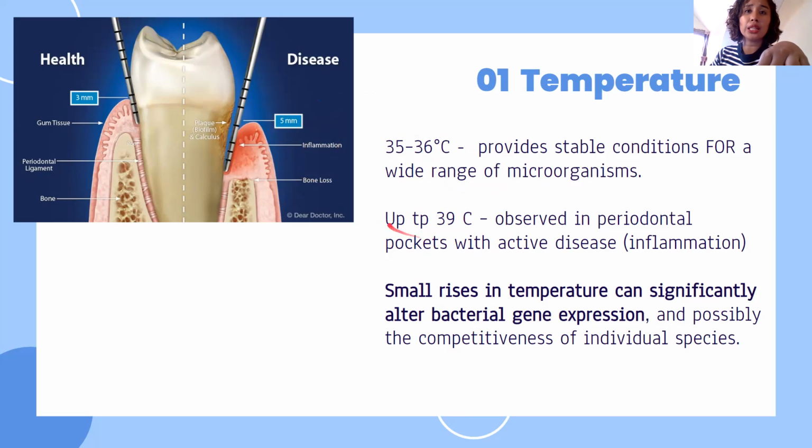However, guys, 39 degrees Celsius, yun, there is fever already. So, perhaps this fever was caused by an infection. So, example is, there is periodontitis na. So, the periodontal pockets are inflamed in active diseases. Yan, itong mga periodontal pockets.